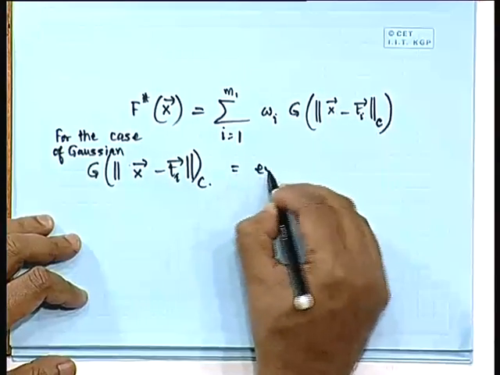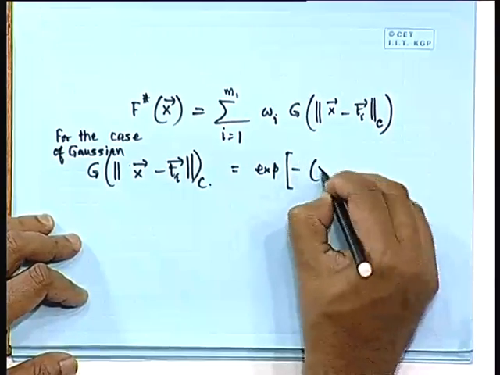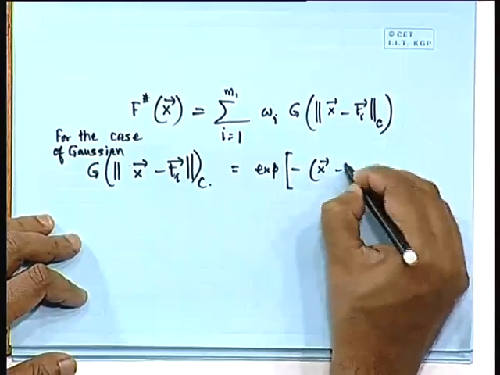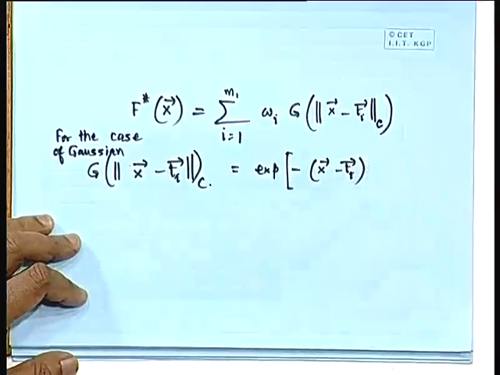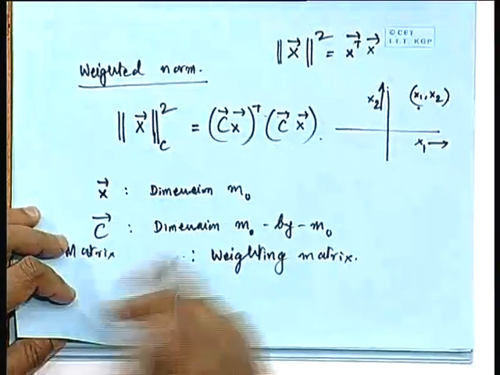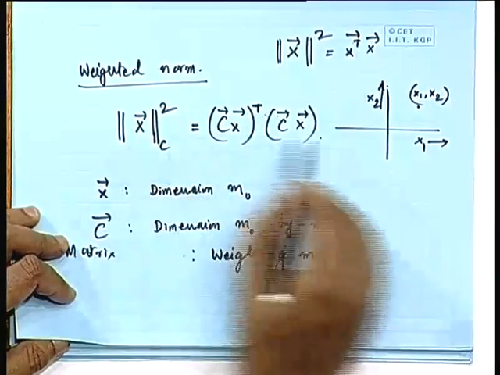That will be expressed as minus, x vector minus Ti vector, into C. One thing I should have done over here is break up this weighted norm expression.